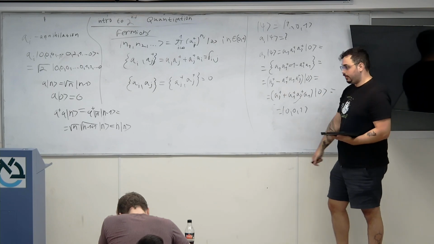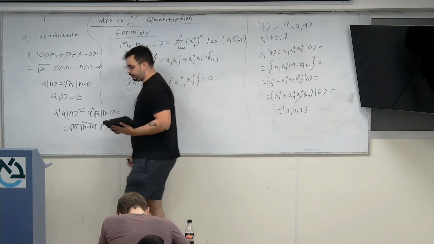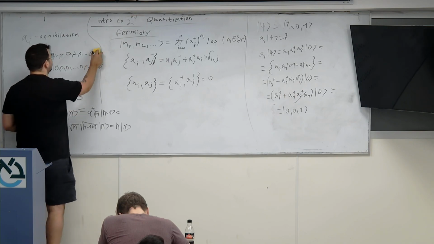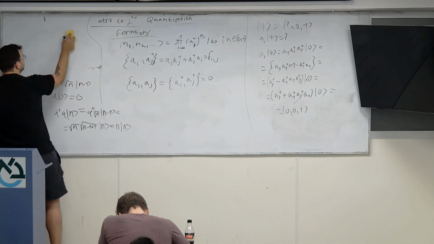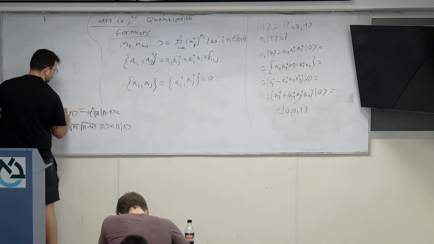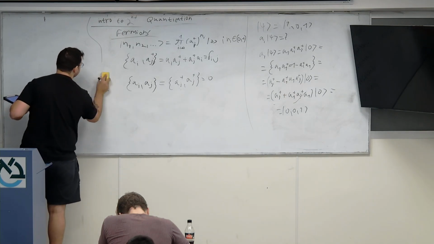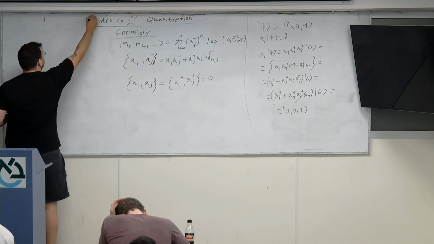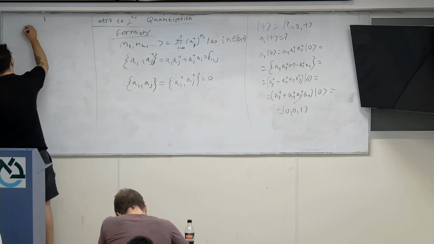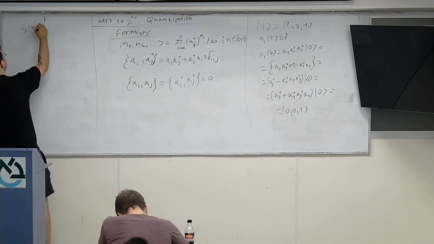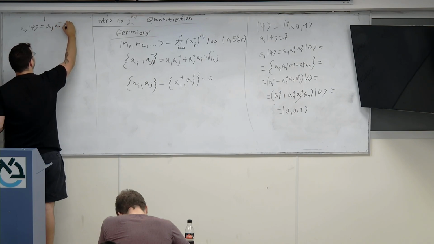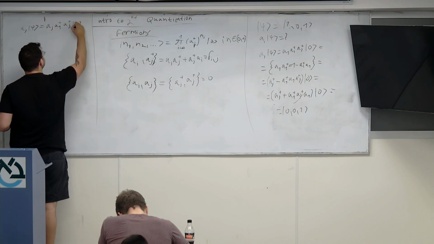Now let's do A3. A3 of phi equals A3 A1† A3† 0.